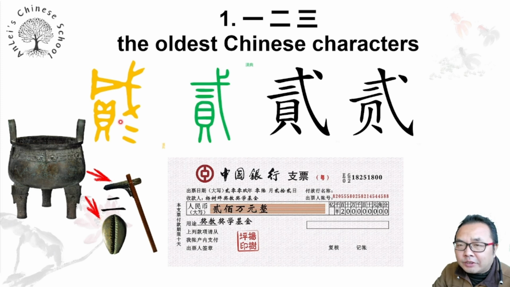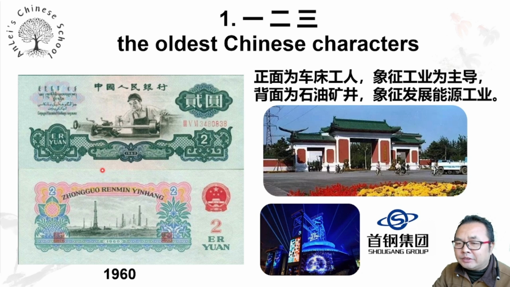This is the copper coin in the shape of a seashell, because in ancient China they used the seashell as money. In peacetime, the bronze ritual vessels were used to worship gods and ancestors. When there's a war, the bronzeware would be melted and cast into weapons and money. 2 million yuan. And this is another banknote from 1960.